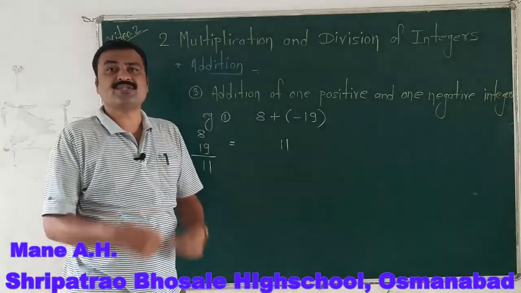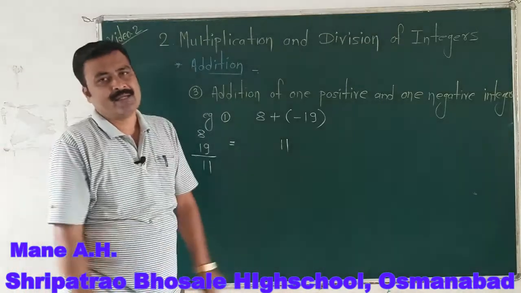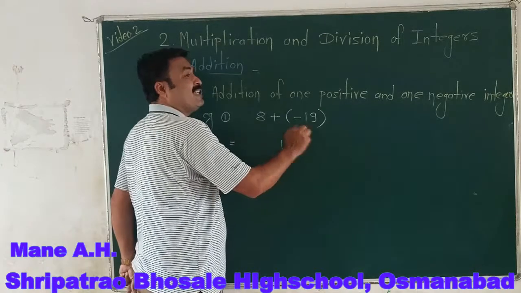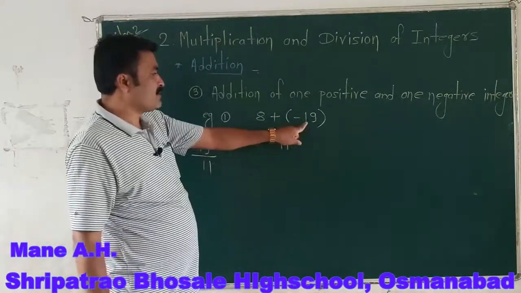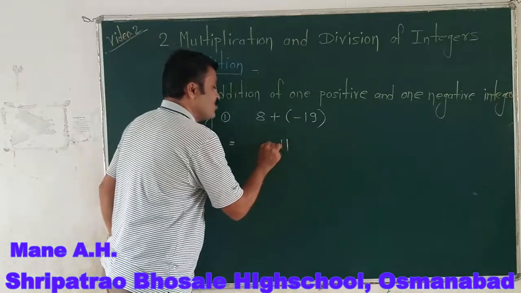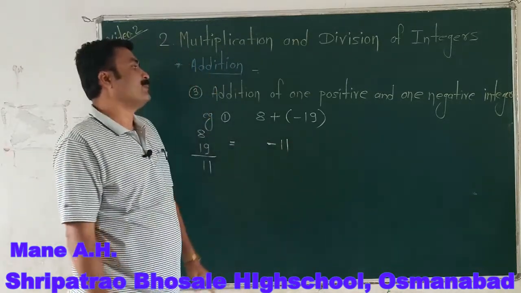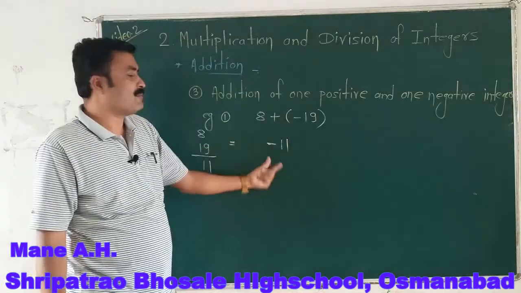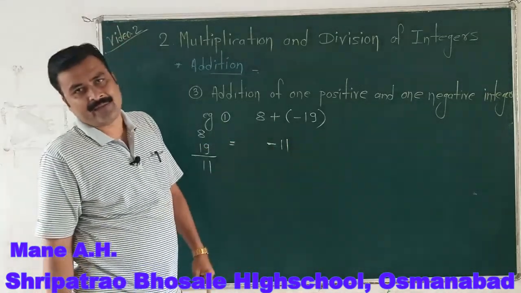So the magnitude of -19 is bigger here. So the sign for -19, that is the minus sign, we attach to the final answer. That means the answer of these two integers comes as -11.